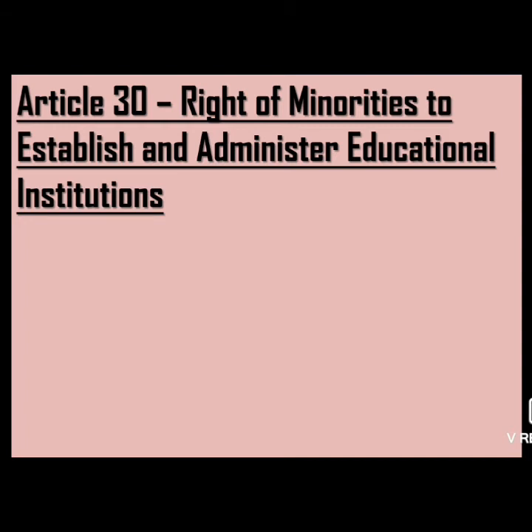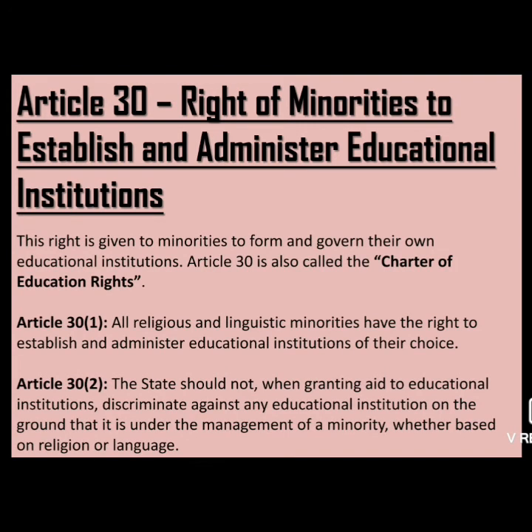The government will not provide any kind of aid to the educational institution, but at the same time it will not discriminate against any educational institution on the basis that it is under the management of a minority community. So Article 30 gives minorities the right to form and govern their own educational institutions. Article 30 is also called the Charter of Education Rights.